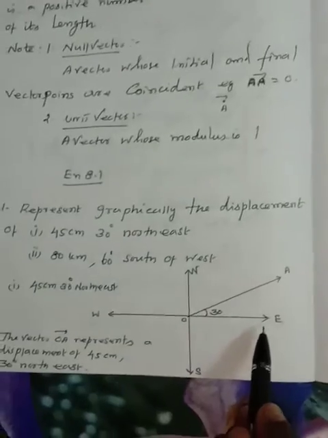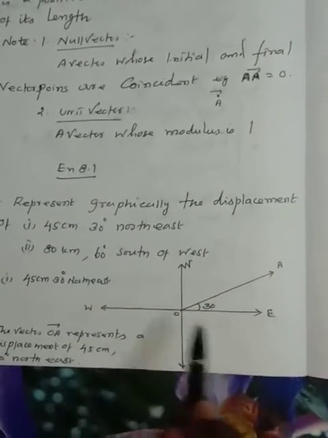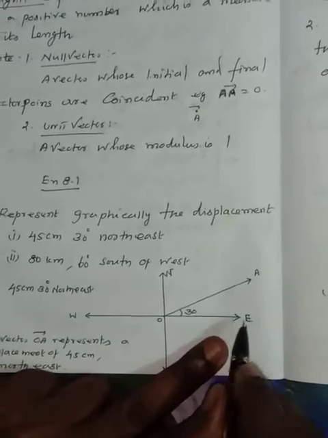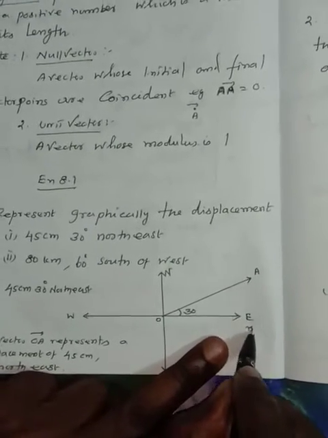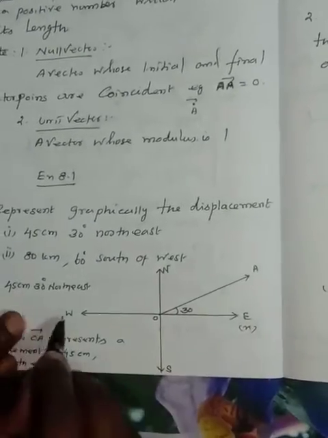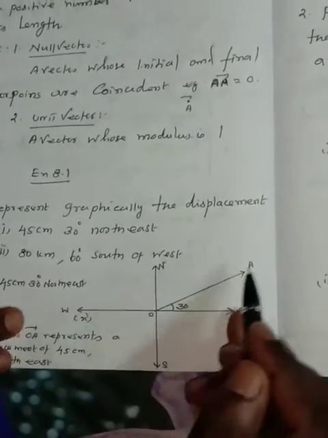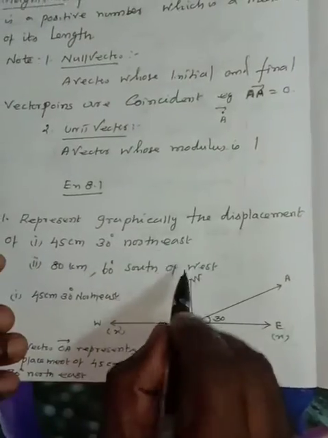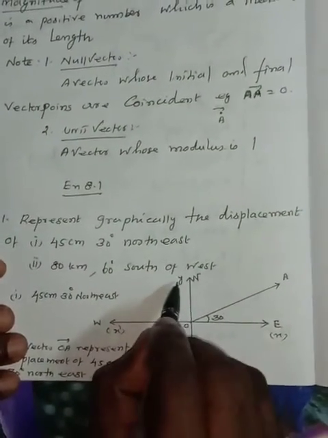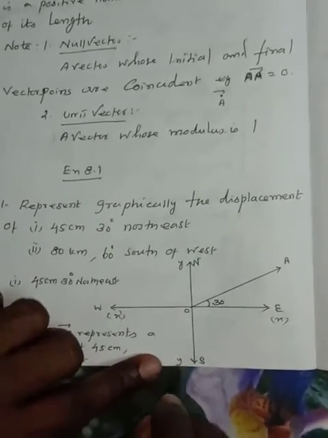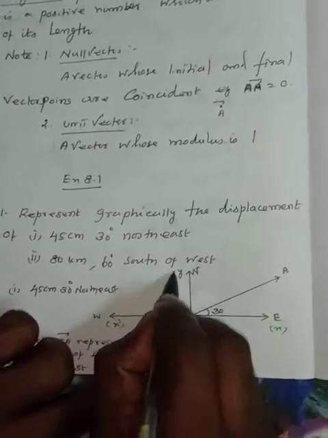Take x as the east, x dash as the western side, y as the northern side, y dash as the southern side.